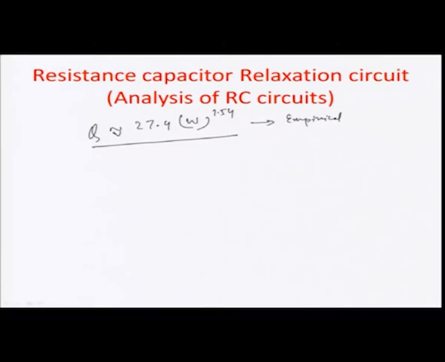The various parameters used in the experiments here are: Q is the removal rate, typically in millimeter cube per minute, volume per unit time of material removal, and W is the power delivered, or the input power on the relaxation side, the charging side of the circuit, in kilowatts.